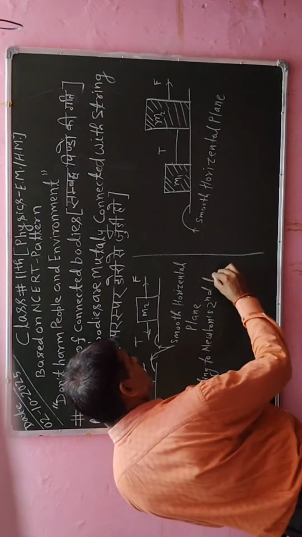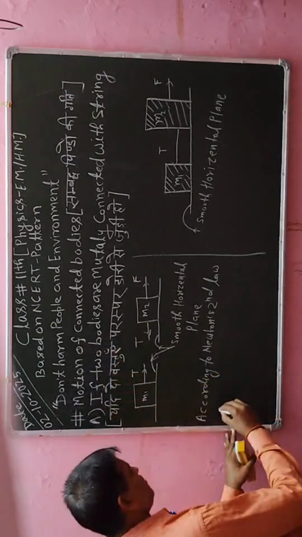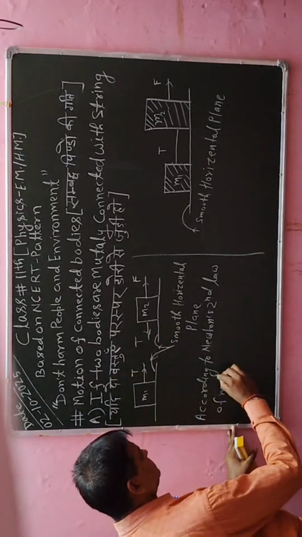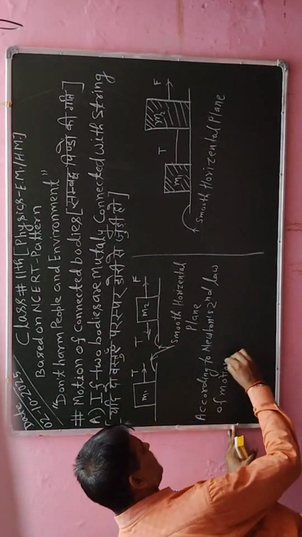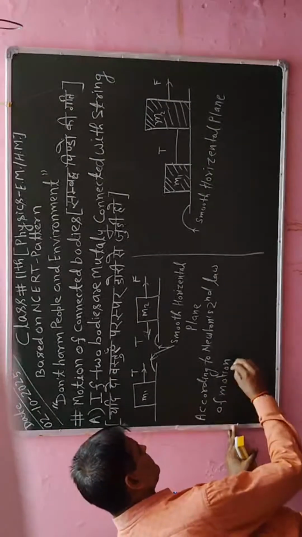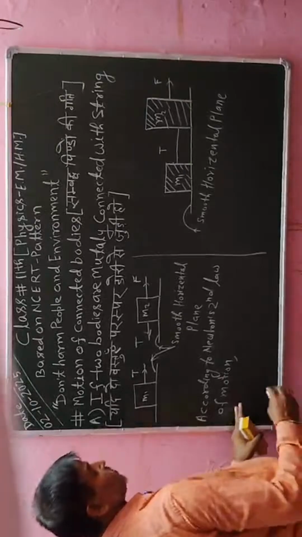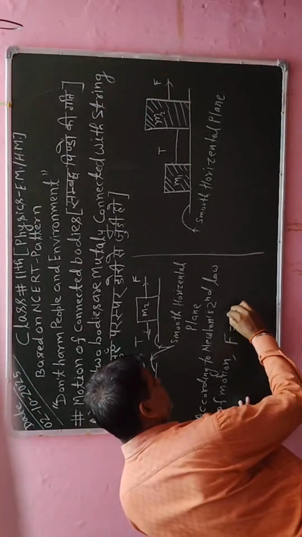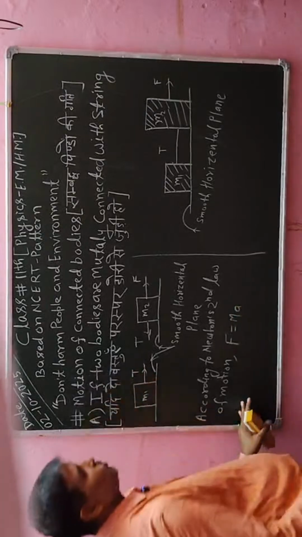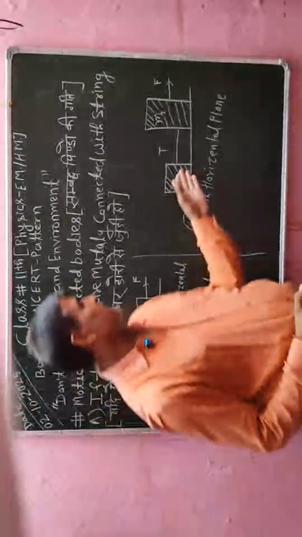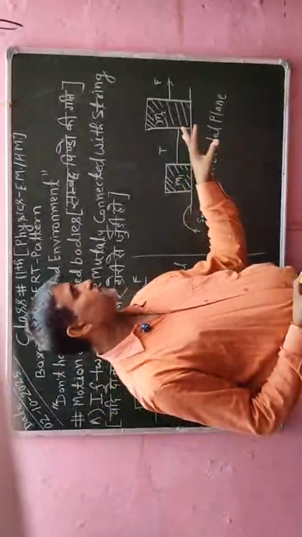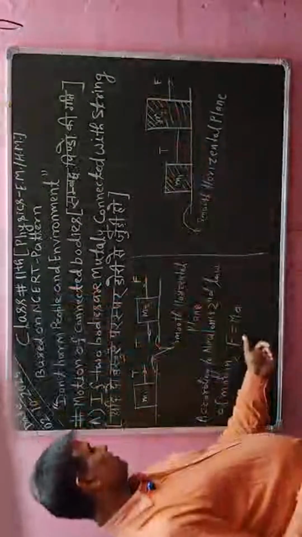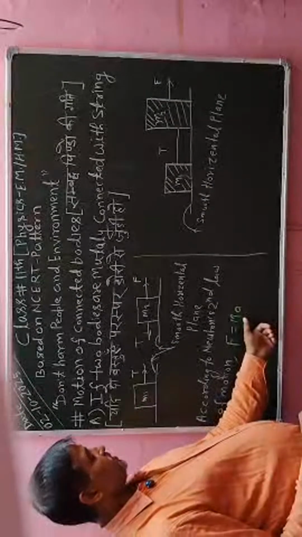So F is equal to capital M into A. So both masses are moving in forward direction. It means that force will be F is equal to M, capital M into A.